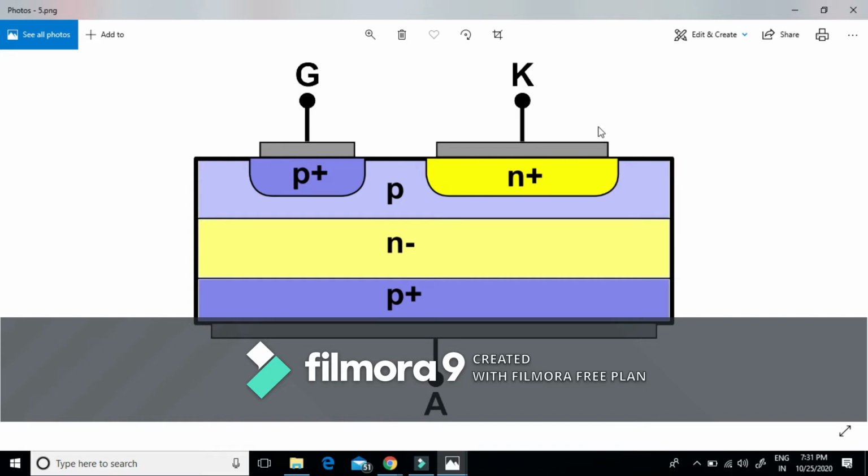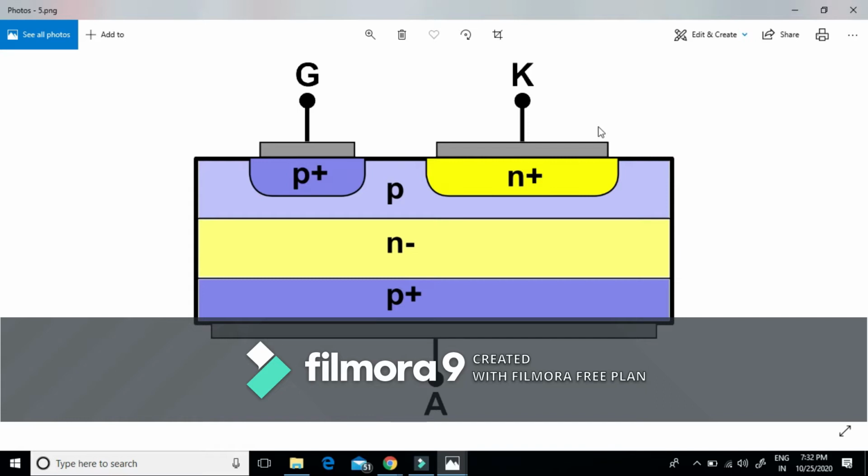In case of SCR, during turning on, the current amplification is high, or we can say I anode to I gate is nearly equal to 1000. In case of GTO during turn on, the current amplification is also high like that of SCR, almost equal to 1000, whereas during turning off of GTO, the anode current to gate current is equal to 5 or 6.